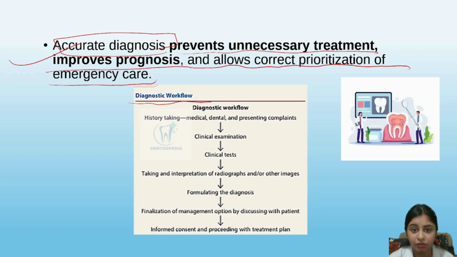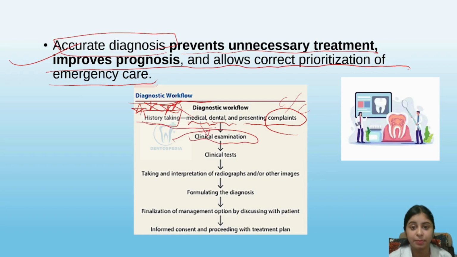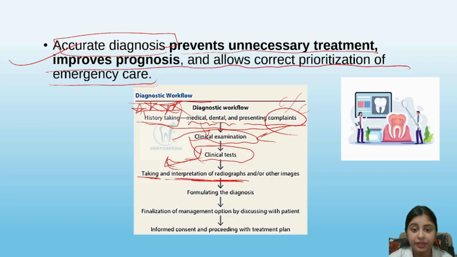Coming to the diagnostic workflow. The diagnostic workflow includes case history, which is the most important, which includes medical, dental, and the presenting complaint, that is the chief complaint of the patient. Then coming to clinical examination, which combines all these complaints with the clinical examination. After clinical examination, some clinical tests are done, and based on these clinical tests, taking and interpreting the radiograph or other images as required.